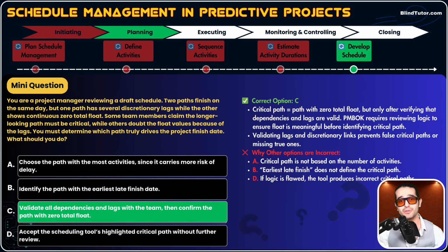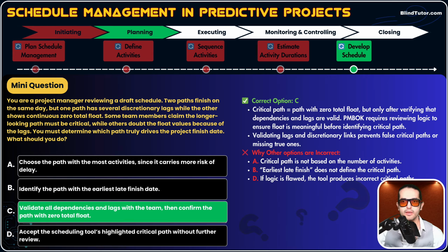What if inputs are wrong and incorrect? We need to make sure the data that we enter is correct, validated, and valid. PMBOK requires reviewing logic to ensure float is meaningful before identifying critical path. Validating lags and discretionary links prevents false critical paths or missing true ones.